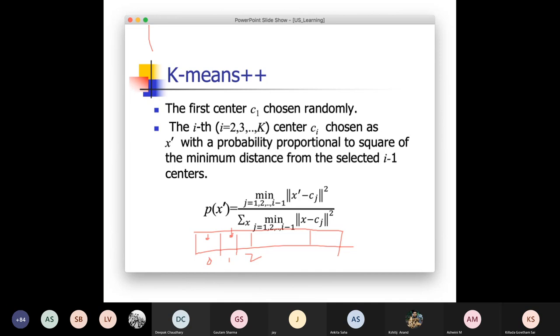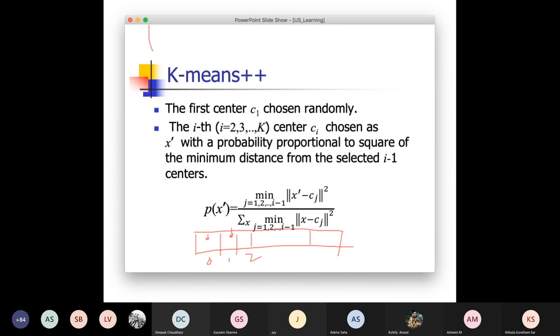Suppose there are i minus 1 centers and you are choosing the next candidate center. You find the minimum distance from the existing i minus 1 centers, and take the square of distances. For every candidate element the probability is proportional to that, so it will be different for each. This is first defining the probability distribution.